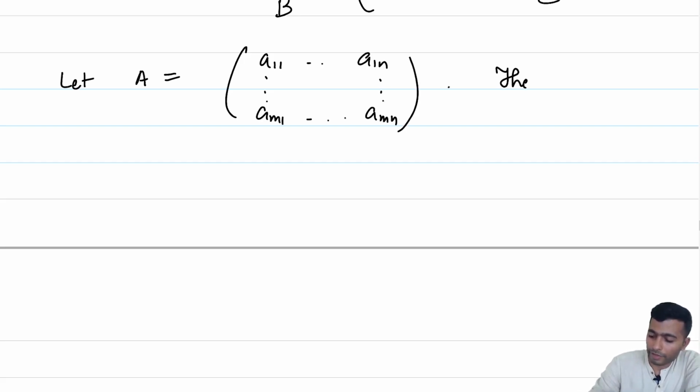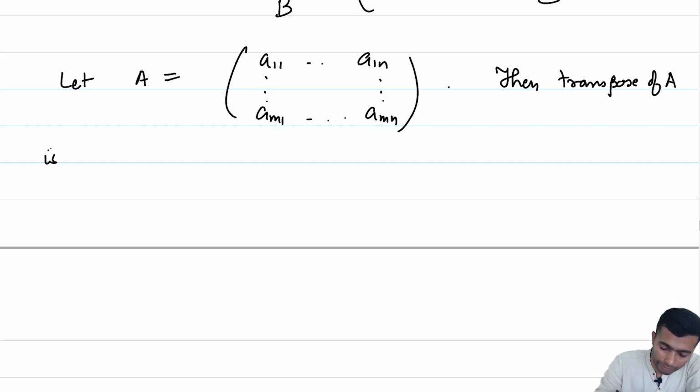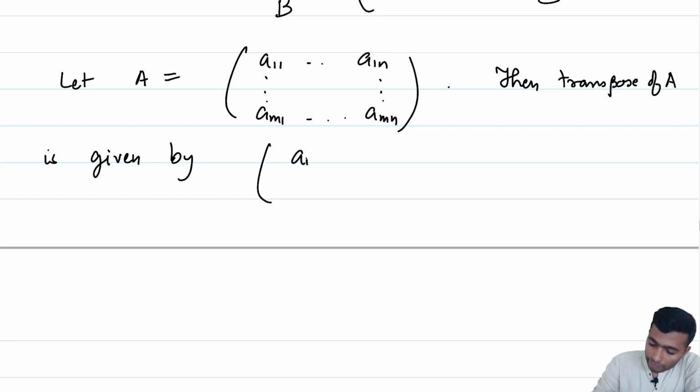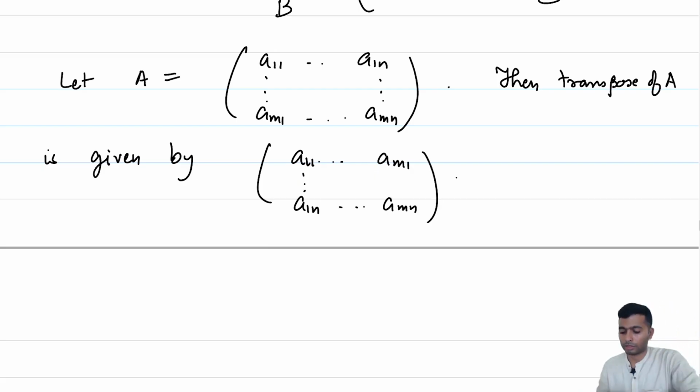Then the transpose of A, what is the transpose of A? This will be given by A11 to AM1, up to A1n to AMN. Notice that this is an n cross m matrix.